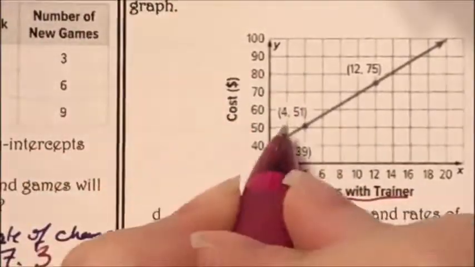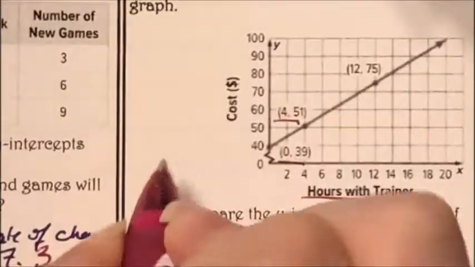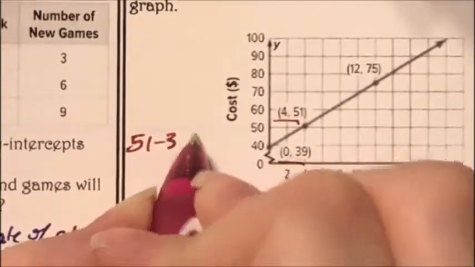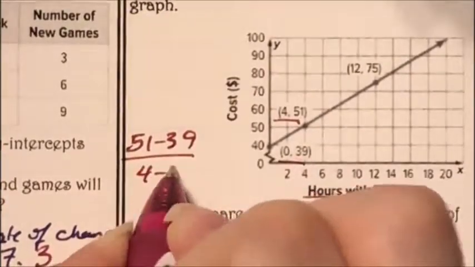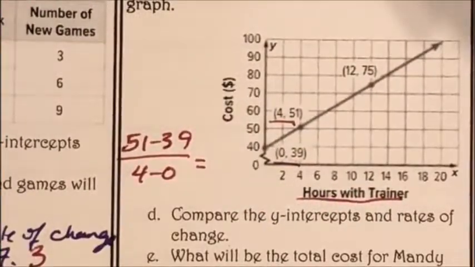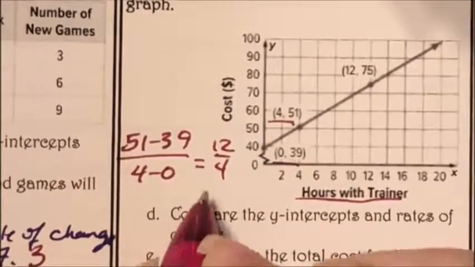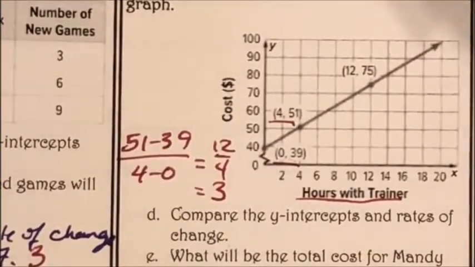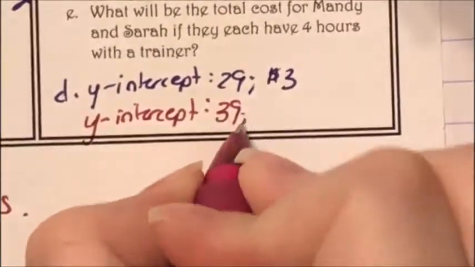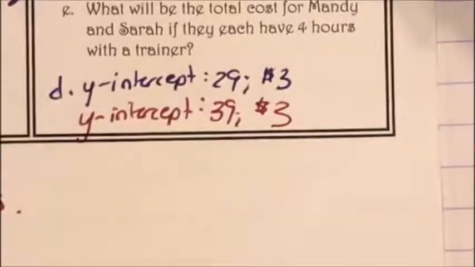I'm going to take these 2 points, 51 minus 39 over 4 minus 0. So I get 12 over 4, which equals 3. So Sarah's rate of change is also 3.